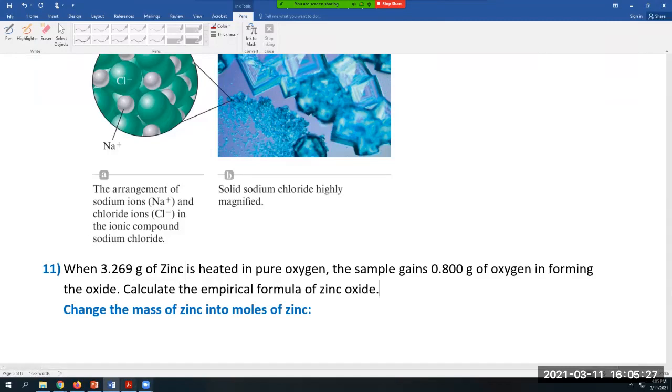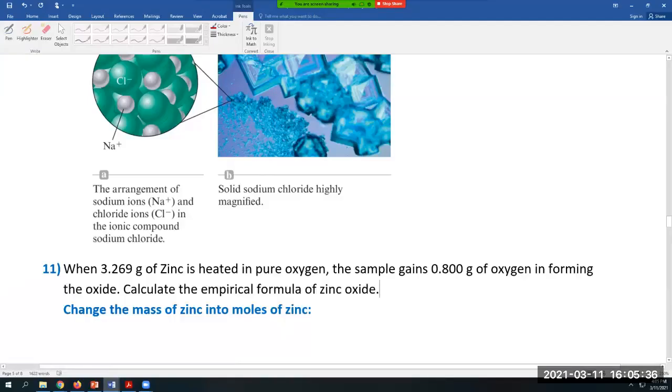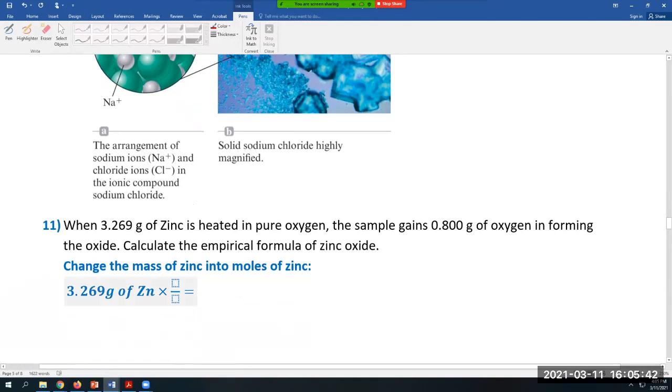And for this, we will need the molar mass of zinc. So here, 65.39 grams per mole, 65.39. So you will start the calculation with the mass of zinc that is given. And we will use the molar mass to change that to moles.